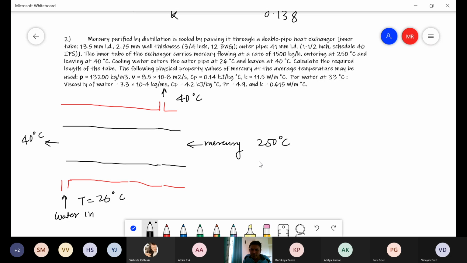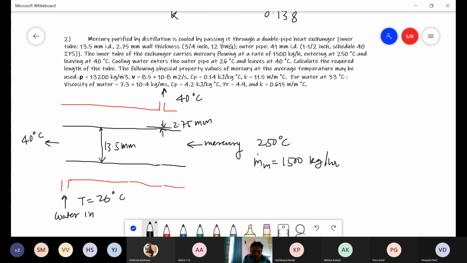Again, the flow rate of the mercury is given, m dot of mercury, which is 1500 kg per hour. Okay. Again, this diameter is given, 13.5 mm. Again, this thickness is given, which is nothing but 2.75 mm.